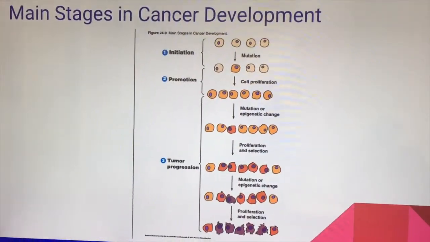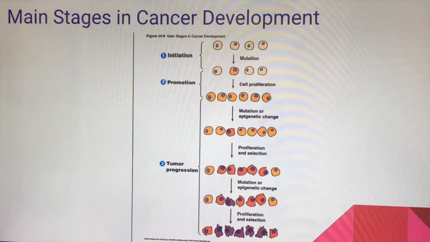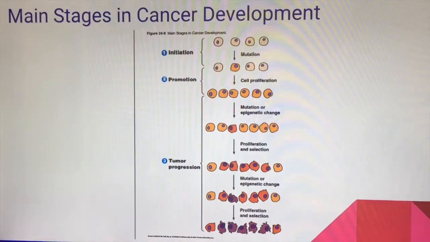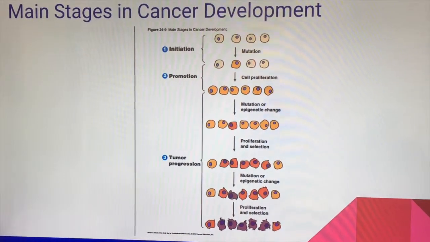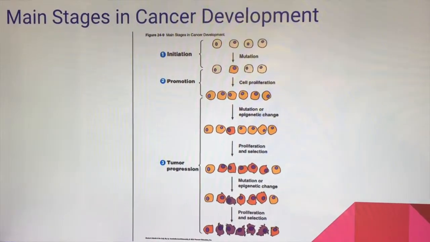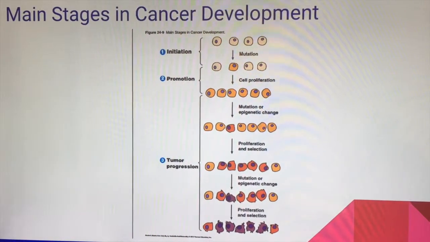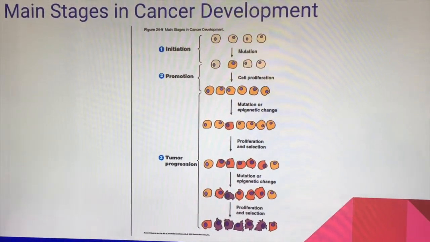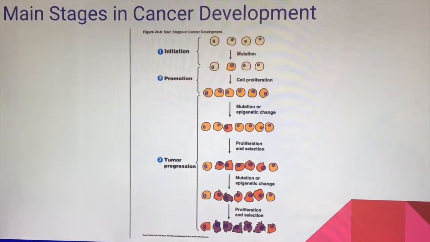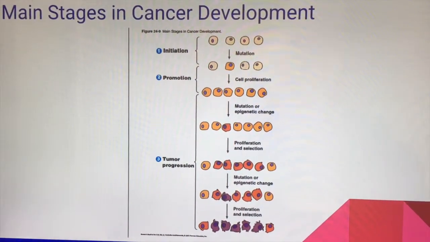Initiation is based off DNA mutations and how normal cells are promoted to precancerous cells. Next is promotion, where promotion stimulates initiated cells to divide and form tumors, and it's a gradual process that requires prolonged and repeated exposure to the promoting agent.